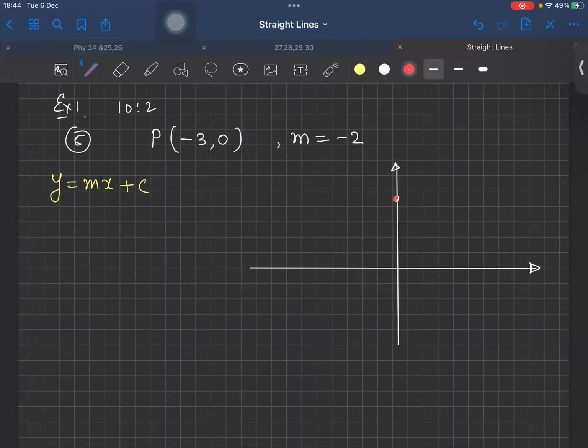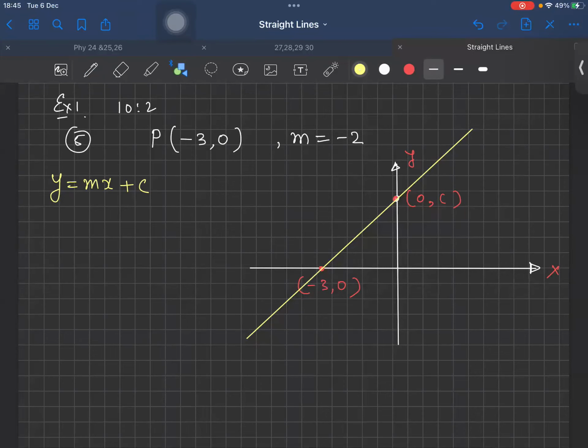We'll see why, because the slope is negative. So this is y, this is x, and this is 0, c. And we are given this point, -3, 0. Okay, let's draw the line. Connecting these 2 points, this is the line that we need.